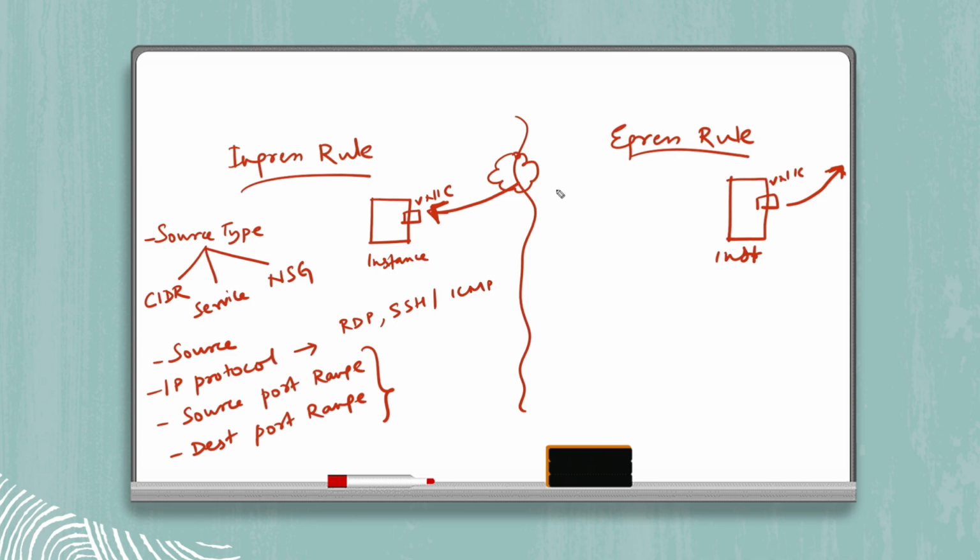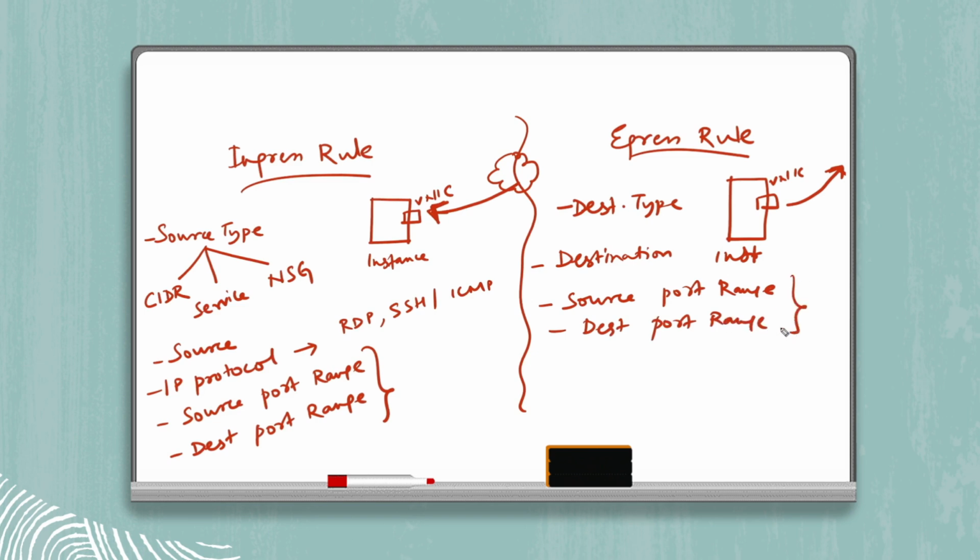Same is the case with egress. In the egress rule, you need to define the destination type. And same like ingress rule, it can be CIDR, service, or NSG. Then the destination depending on which destination type you are selecting. Then you need to also provide source port range and destination port range.